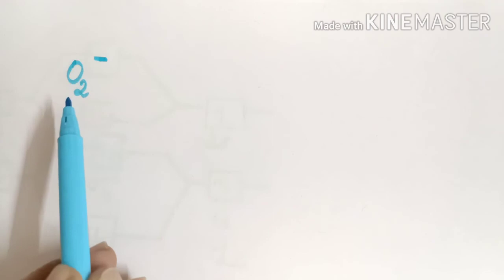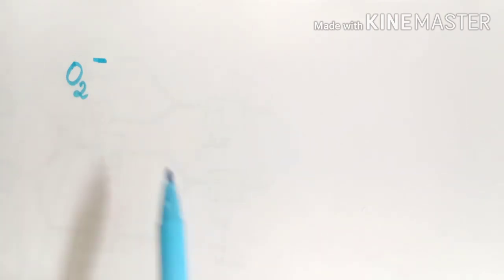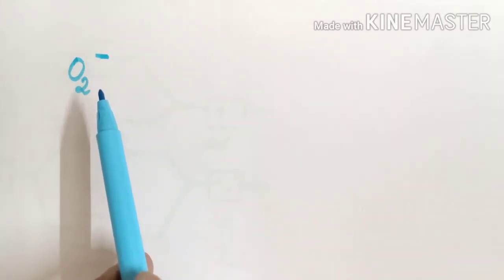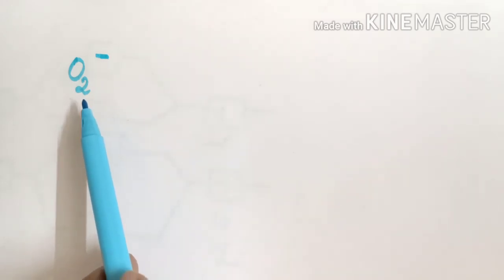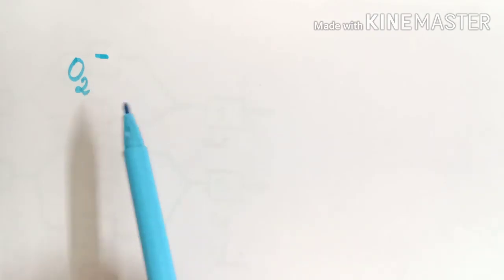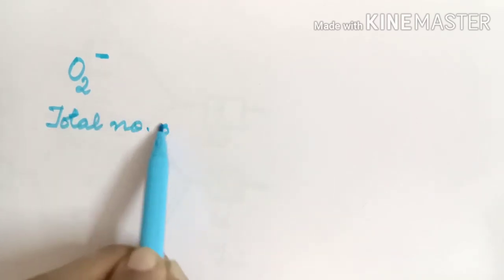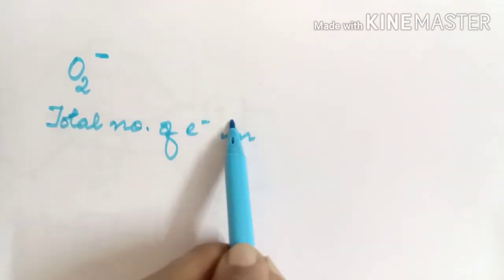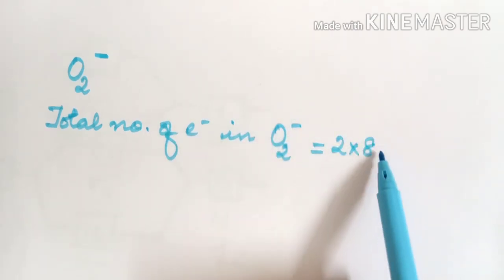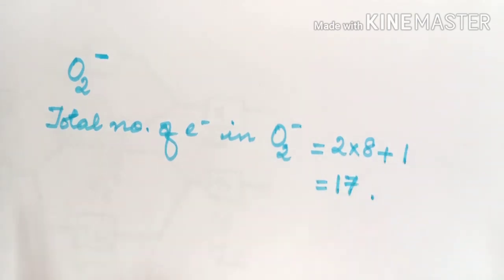You know that an electronegative atom has a tendency to gain electrons, and when an atom gains an electron, it becomes negatively charged. So here, the oxygen molecule is gaining a negative charge, meaning it is having an extra electron. So the total number of electrons in O2 negative is equal to 2 into 8 plus 1 extra electron. So it is having 17 electrons which are to be arranged.